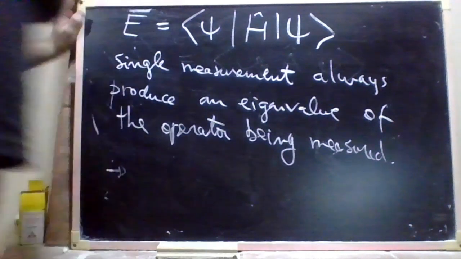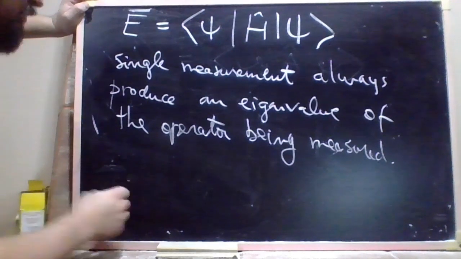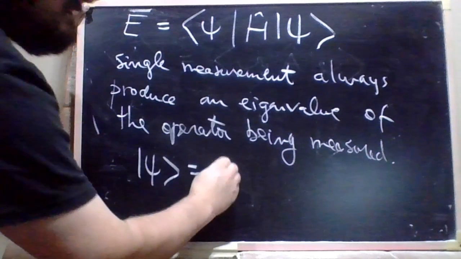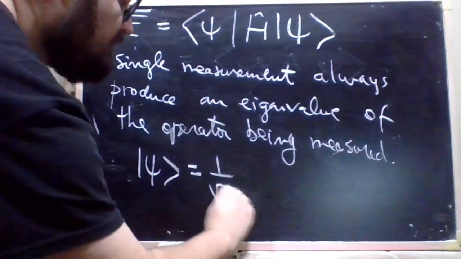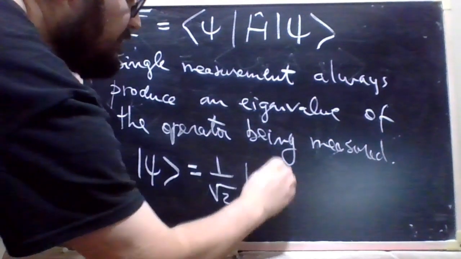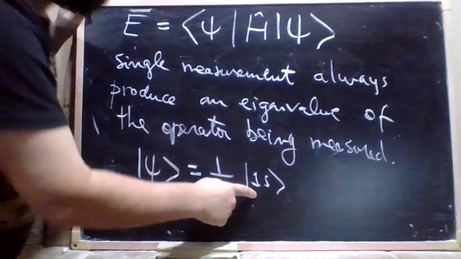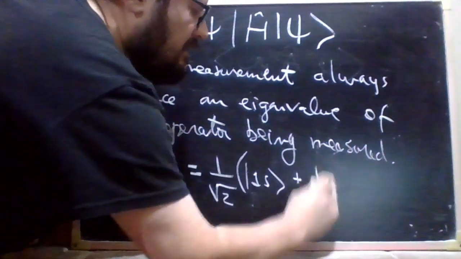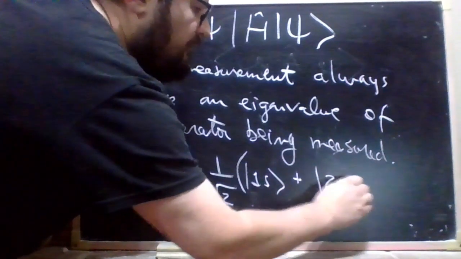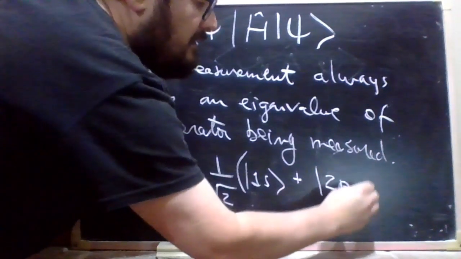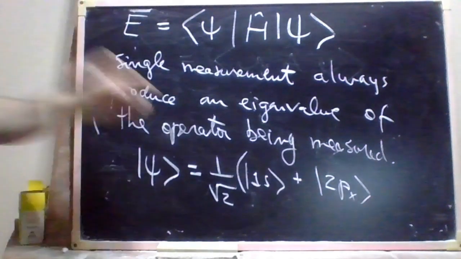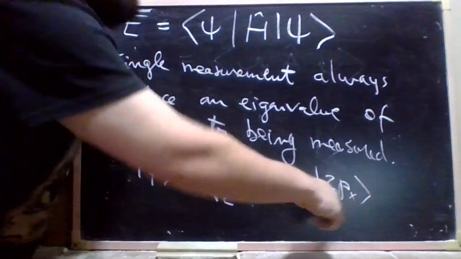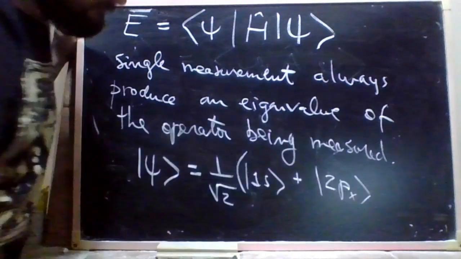So if you prepare a state of a hydrogen atom as, say, 1 over the square root of 2, the 1s orbital, you put the electron in the fundamental state, but also you can put a combination of an electron in the px orbital, the p orbital, in the second electronic layer.